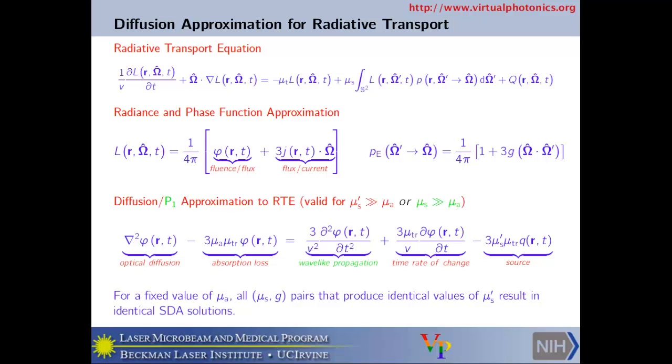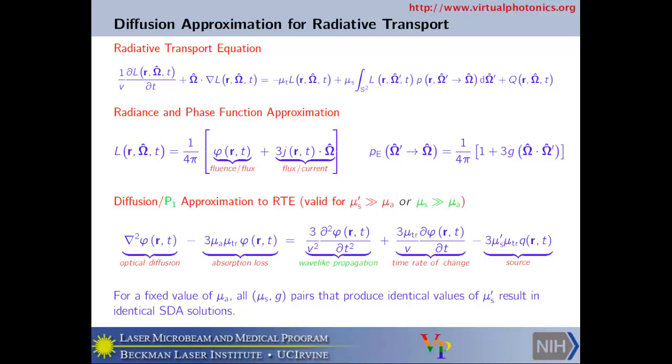The other thing I'll make a point of: I mentioned how the velocity is incorrect in this approximation. The other thing I want to say is that the prefactor to this term represents the spatial attenuation. Actually, the square root of that gives you the exponential decay.